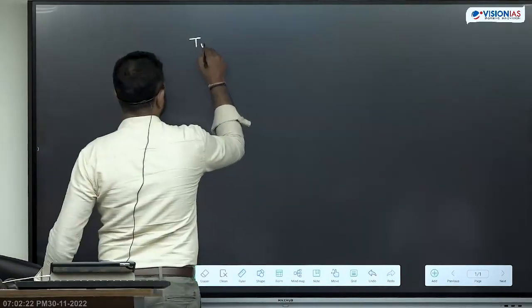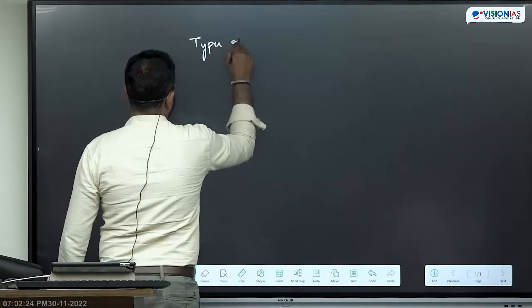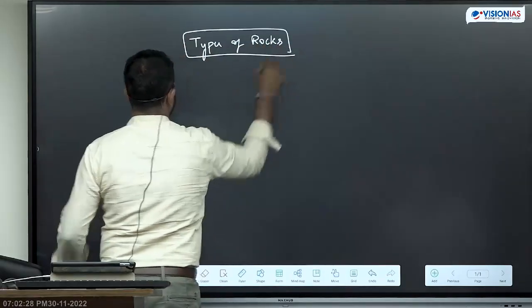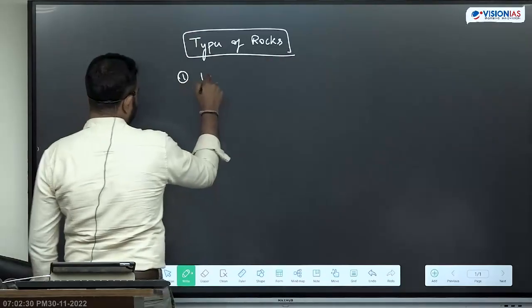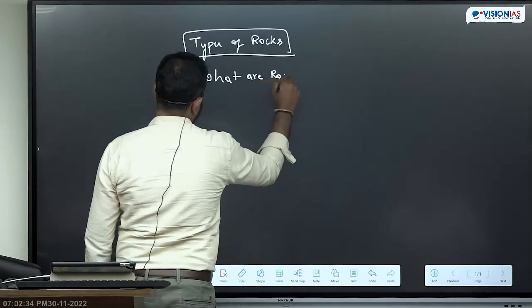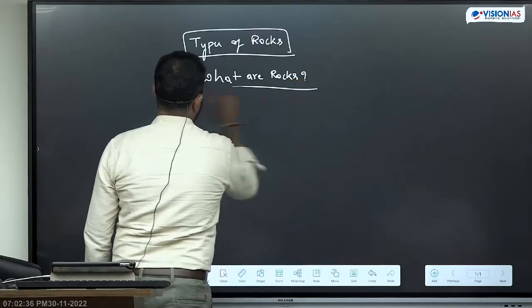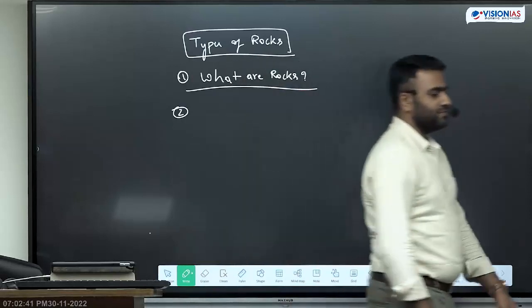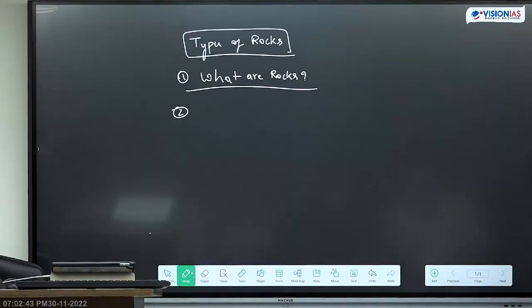The topic is types of rocks. So we discussed what are rocks. So I told you that there are three major categories of rocks. First one, igneous rocks.